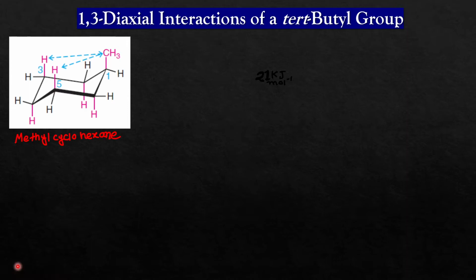So the tert butyl group is nothing but this group. You can see that these are all methyl groups, and so this group is called the tert butyl group. Now previously I have told you that in methyl cyclohexane there is 1,3 diaxial interaction between these two hydrogen atoms and the methyl group.